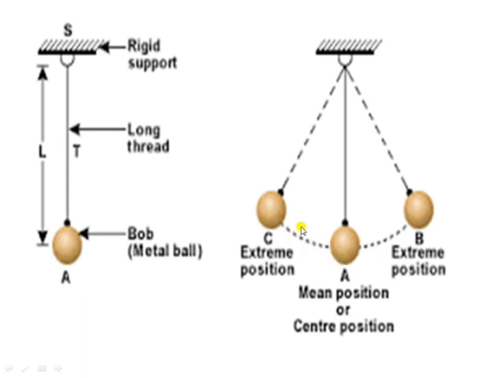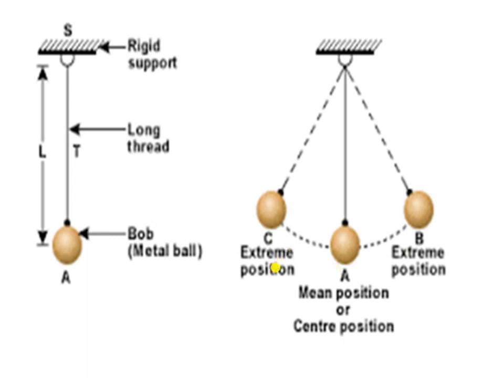One full swing from B to A to C and C to A to B is called one oscillation. From the extreme position C to the mean position to the other extreme, CAB and BAC, is one complete oscillation.